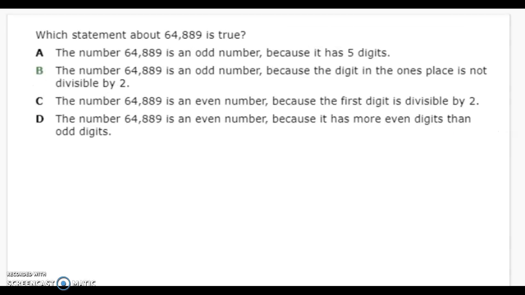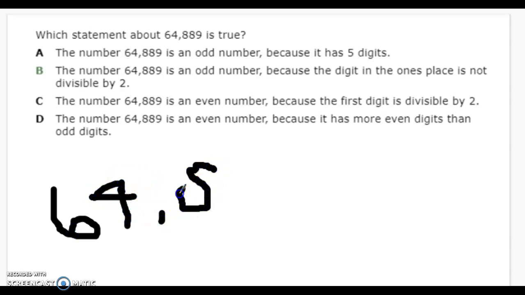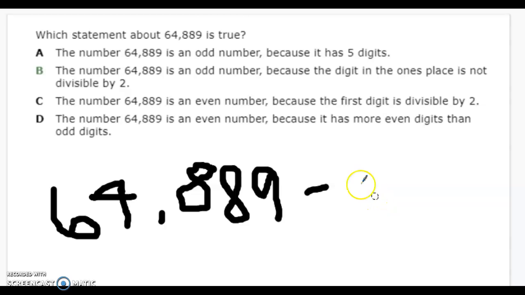So let's look at this one. Which statement about 64,889 is true? Well, the first thing that I want you to do is take 64,889, and we're going to figure out, because I know I'm talking about an even or odd number, I'm going to determine, is this number even or odd? All right?